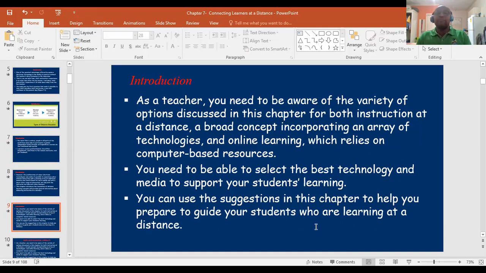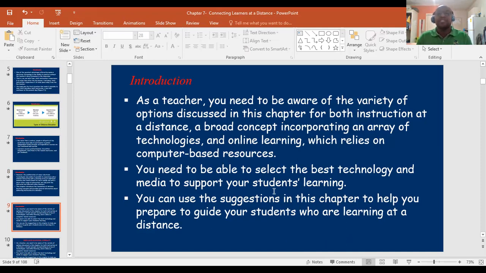And that includes a broad concept of trying to see how you can incorporate a huge array of these technologies, right? And also issues to do with online learning, which we know relies on computer-based resources. And the computer is one of the key elements that needs emphasis even to this day.